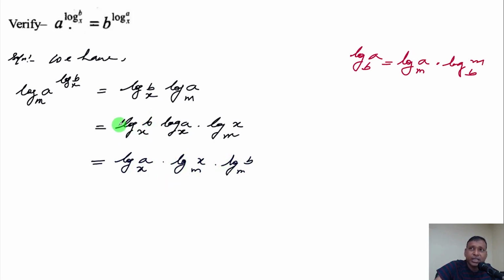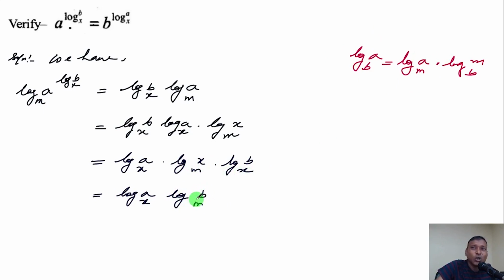I brought this log b to the base x with log x to the base m. Now a to the base x, this x and this x, again this one here I'll write back. Now this x and this x will cancel. Here we will get log b to the base m.